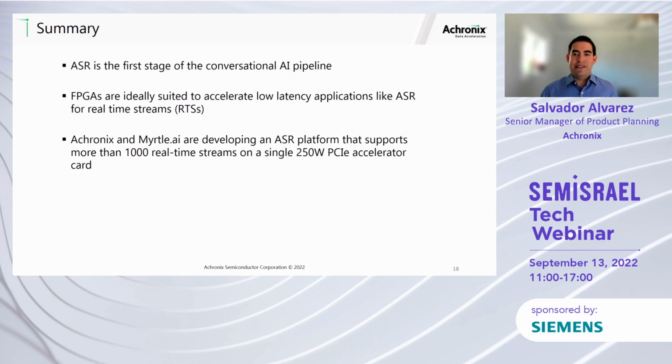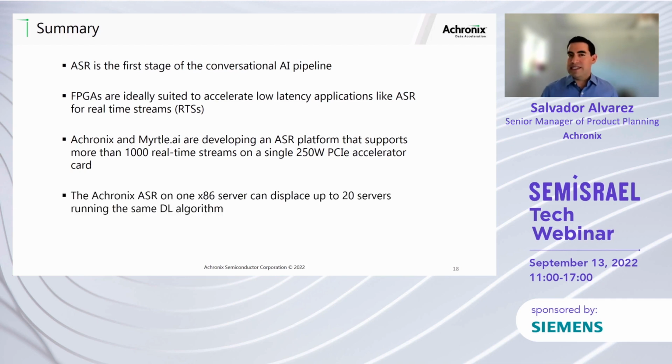Achronix and Myrtle.ai are developing an ASR platform that supports more than 1,000 real-time streams on a single 250-watt PCIe accelerator card. And the Achronix ASR appliance on one x86 server can displace up to 20 servers running the same deep learning algorithm. And most importantly, we can reduce your first year CapEx and OpEx up to 90% for ASR.